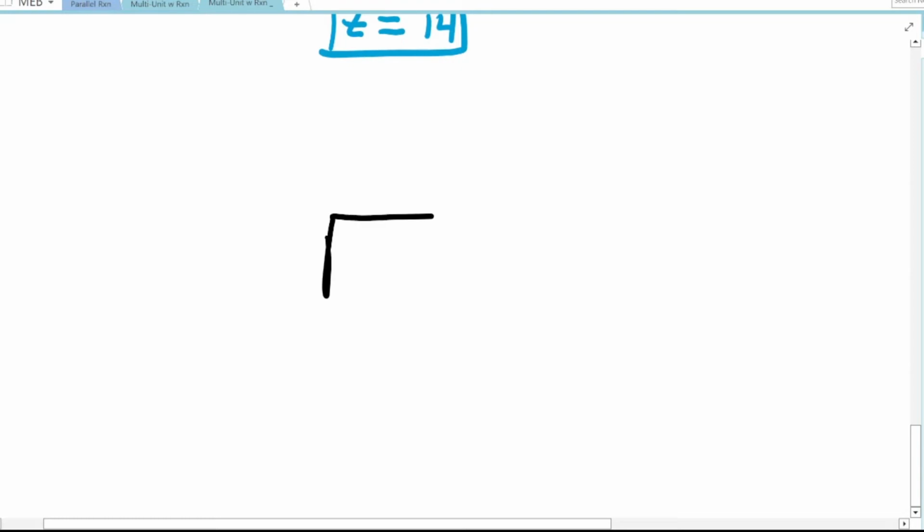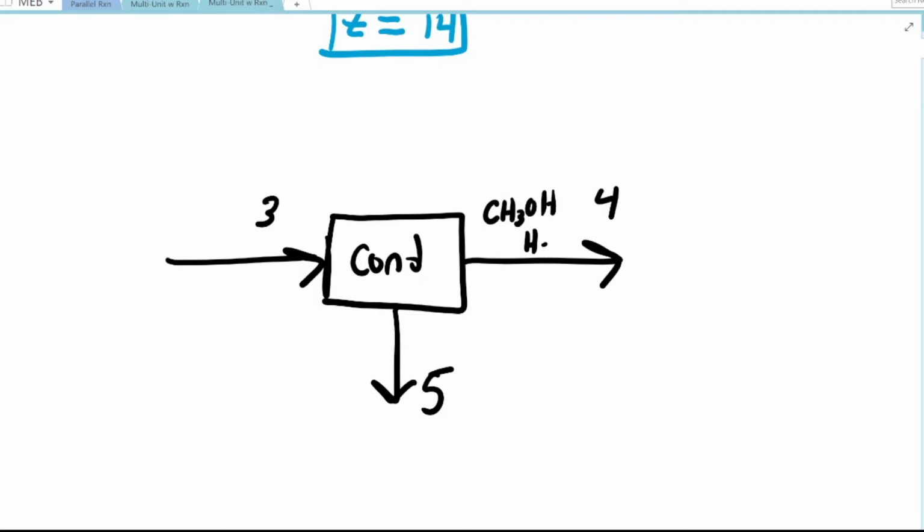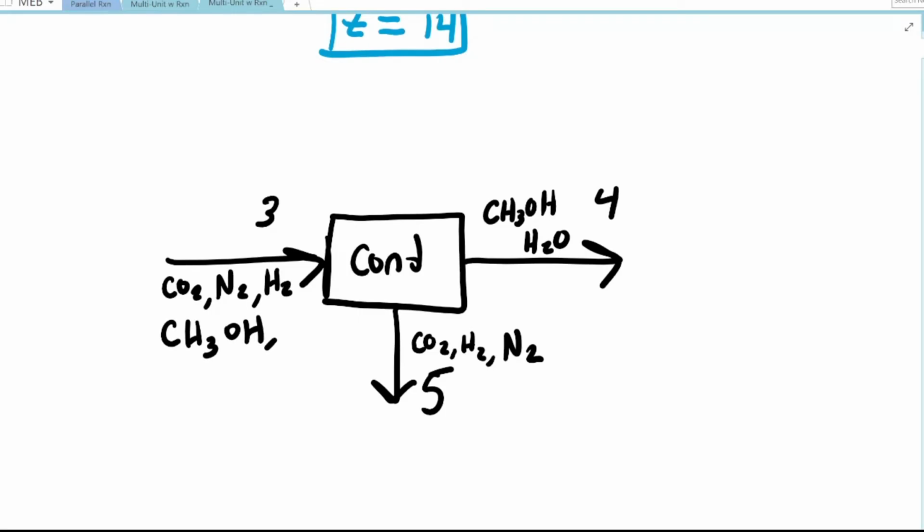So if we draw out our condenser, stream 3, stream 4, stream 5, right? We've got all the methanol coming out, same deal with the water. And for stream 5, we've got CO2, H2, and N2. And we've got all those components in stream 3. And H2O.